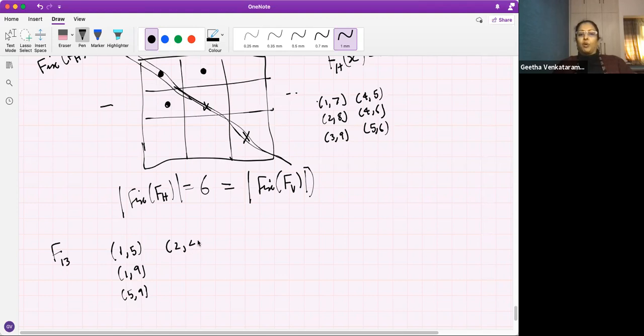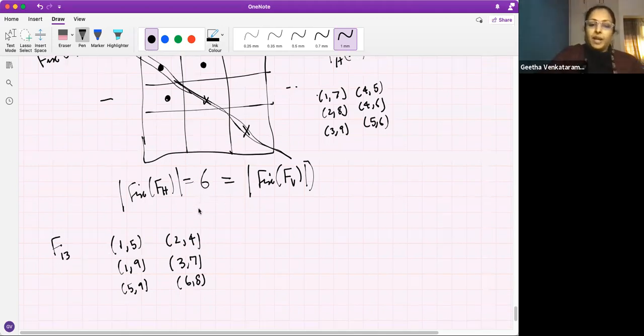So you'll get 2, 4. Similarly, I'll get 3, 7. And I'll get these two, 6 and 8. So again, I have 6 elements in the fixes of the reflections.